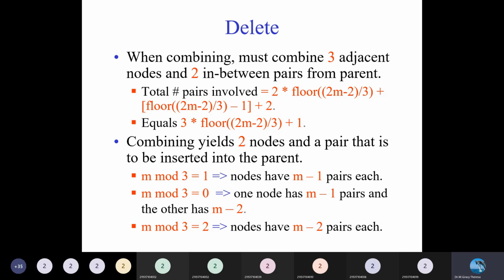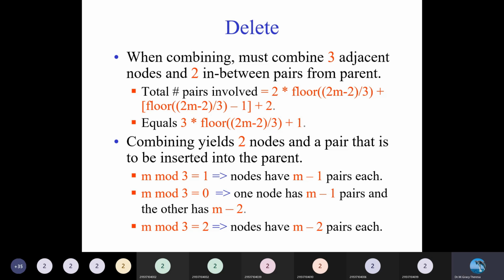In such a case there are m minus 1 pairs, in such ways we can include or delete. Then m mod 3 equal to 0. So one node has m minus 1 pairs and the other has m minus 2. Such things we can use when m mod 3 is 0.